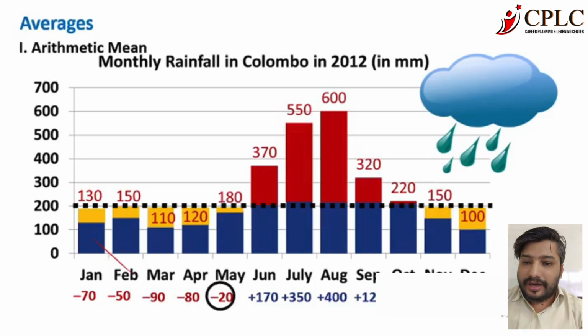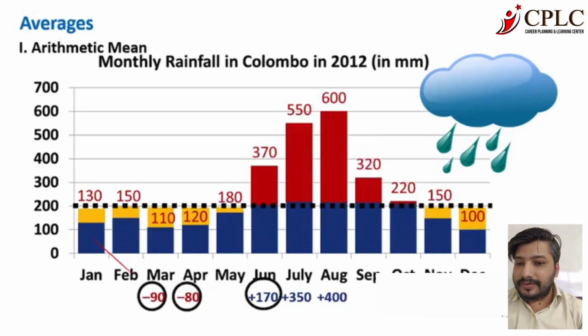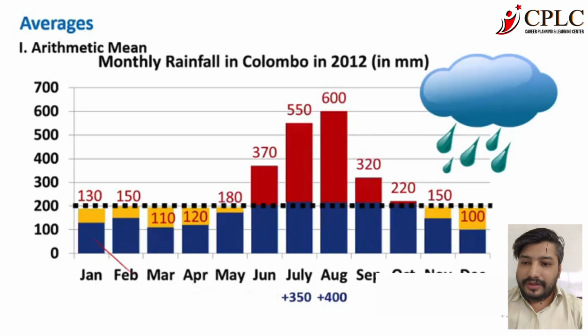So this minus 120 plus 120 cancels out, this minus 170 plus 170 cancels out. Now we are left with plus 750, 350 plus 400, and minus 150, minus 50 and minus 100. That gives you 600 as the total.